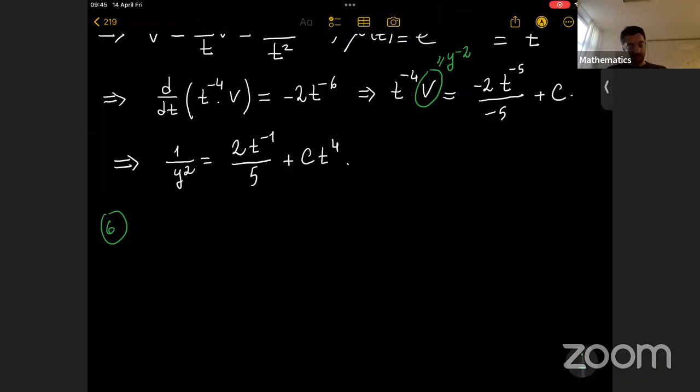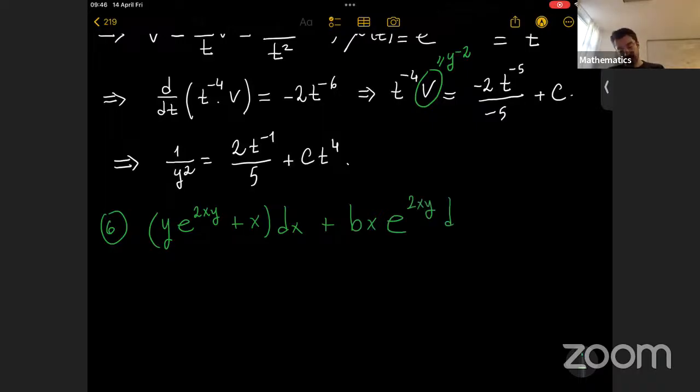Well, let's look at this example. y e to the 2xy plus x dx plus b times x e to the 2xy dy is equal to 0.